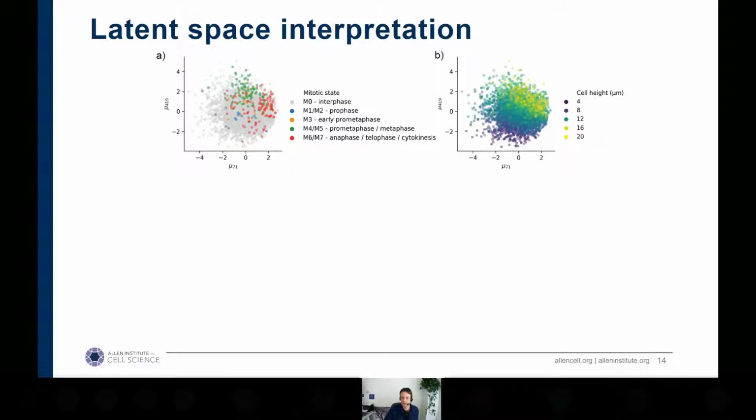Another example, here on the right-hand side, we are now coloring by cell height and clearly see the relationship between the latent space dimension mu419 and height. By correlating the latent space dimensions with various metrics and observations, we can get a biological interpretation of these dimensions. A beautiful feature of these variational autoencoders is their generative capability.